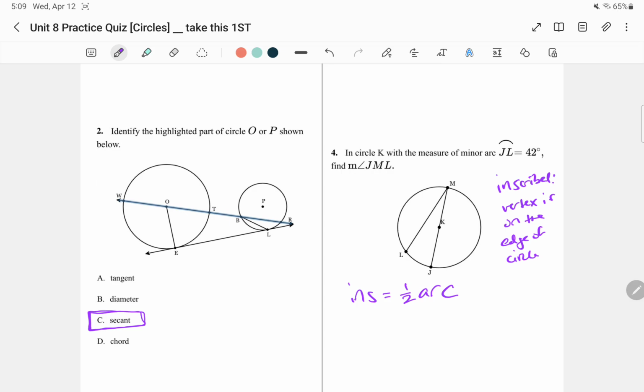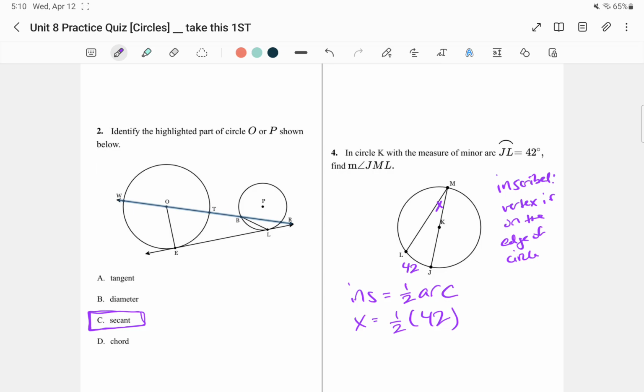So actually, let's label too so we know which one is the arc, 42, or is the inscribed angle 42. Well, it says JL is 42. And we're trying to find JML. So we're trying to find this angle right here. So therefore, the inscribed is X and the arc is 42. Sometimes they're going to give us the angle and we have to find the arc, right?